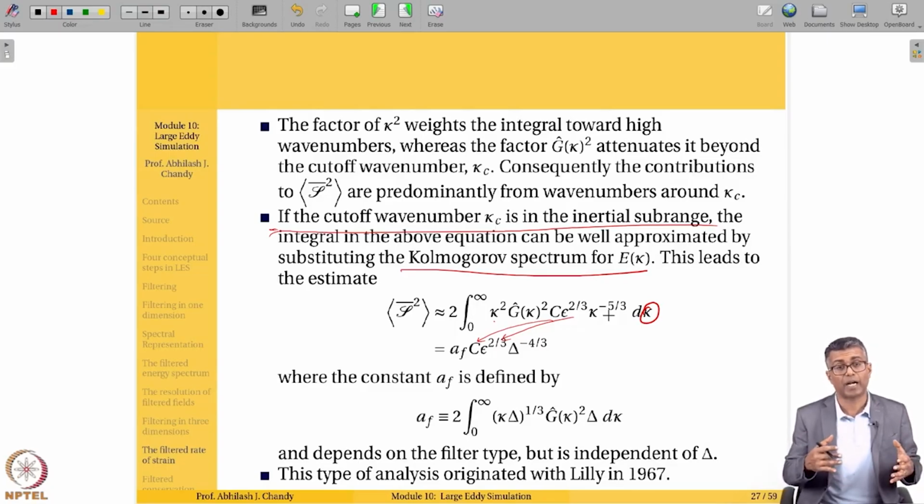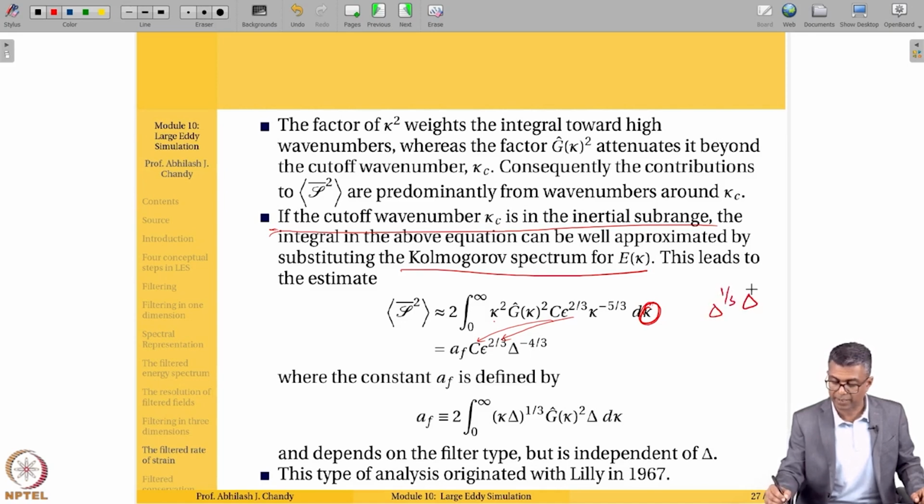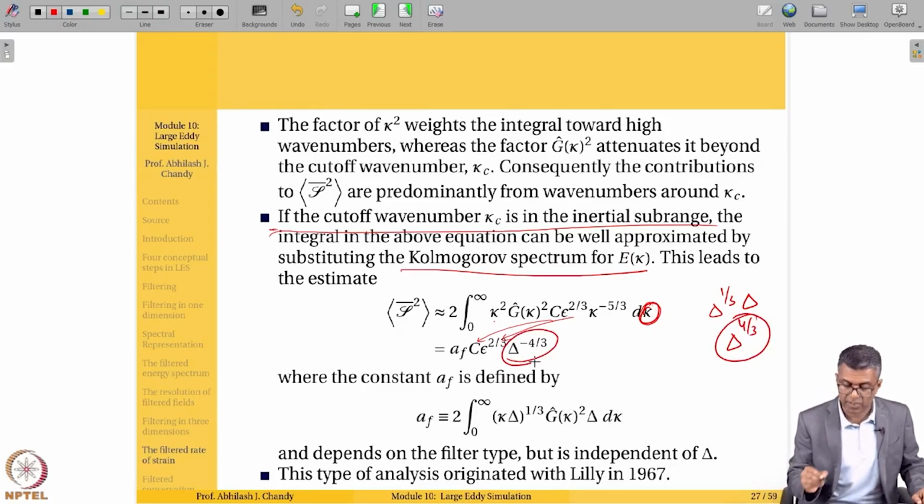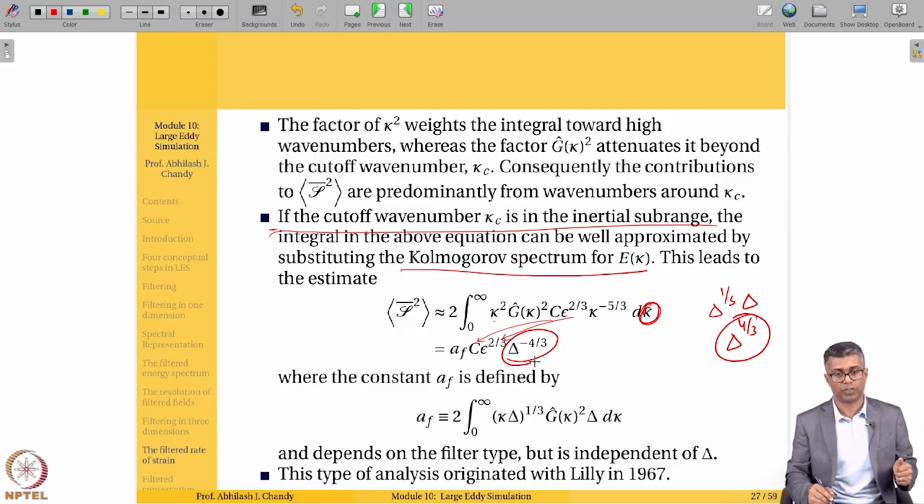In order to scale that kappa to the 1/3, I would need a delta to the 1/3, and another delta from here. So delta to the 1/3 multiplied by delta becomes delta to the 4/3. This is what I need to multiply with, which means I need to divide by that as well. That is where delta to the negative 4/3 is coming from.